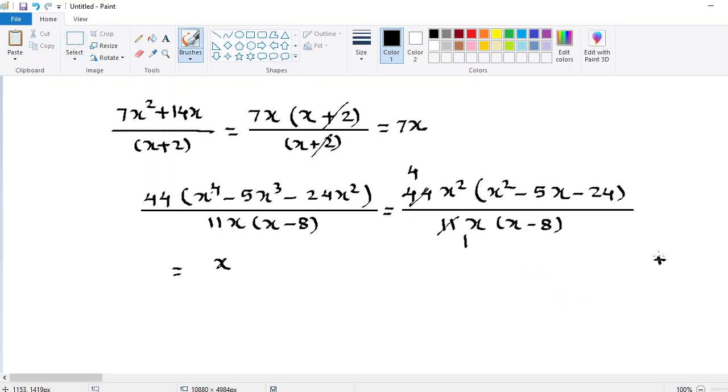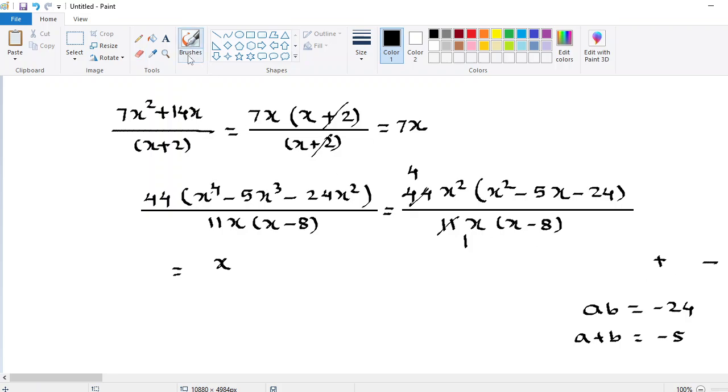So one number will be positive, other number will be negative. As signs are different, we are going to perform subtraction of these two numbers. So let us find out two numbers such that their product, or a into b, is minus 24 and a plus b is minus 5.